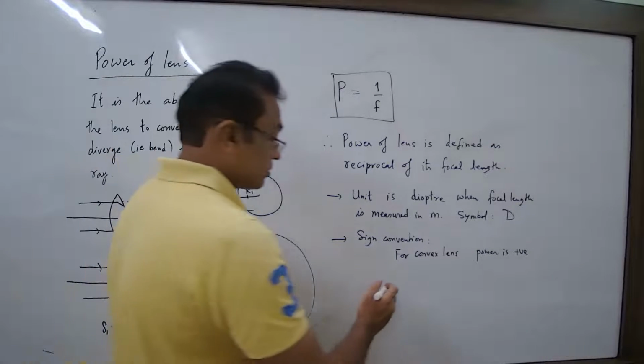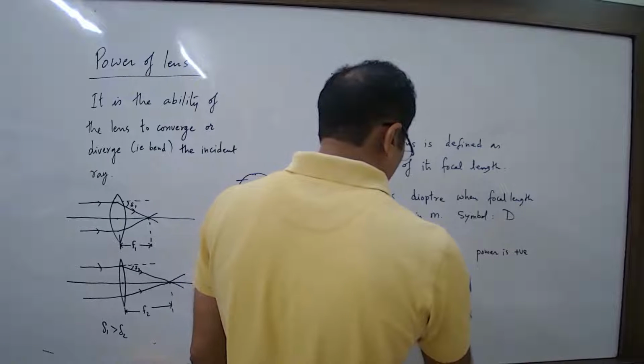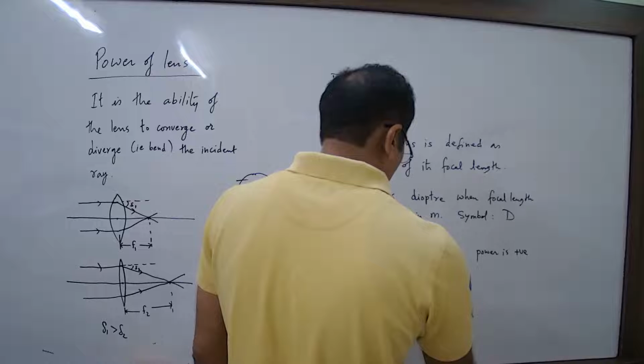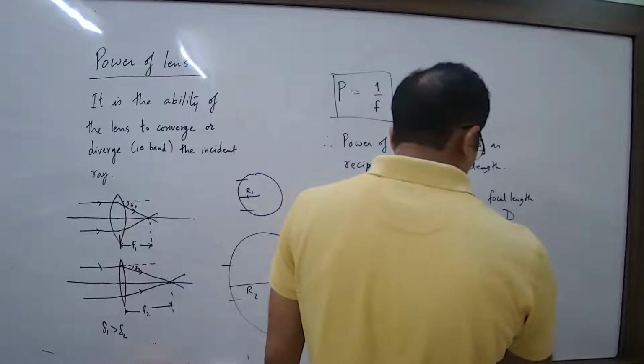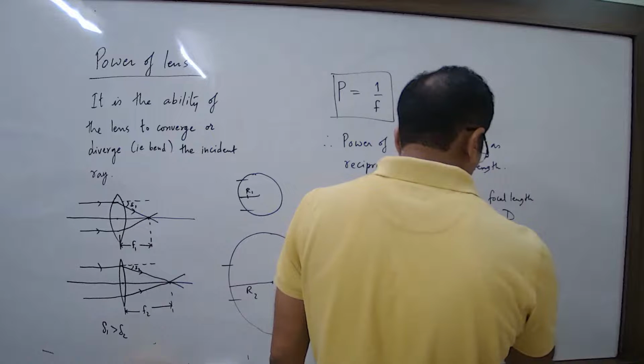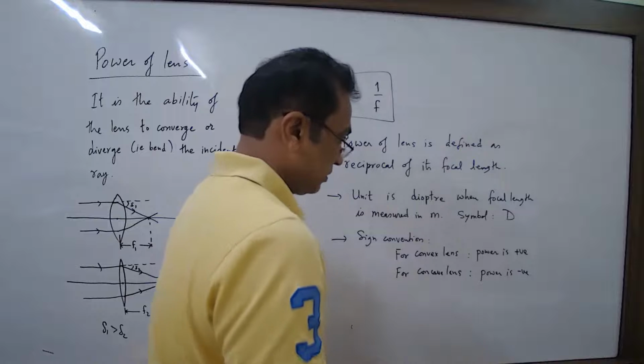So likewise, for concave lens, which is also called diverging lens, power is negative because its focal length is negative.